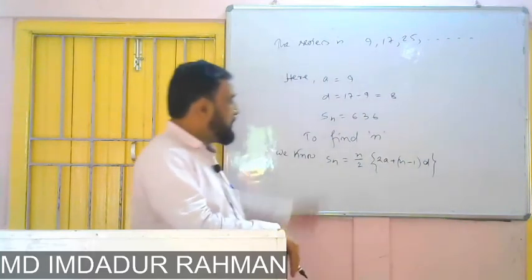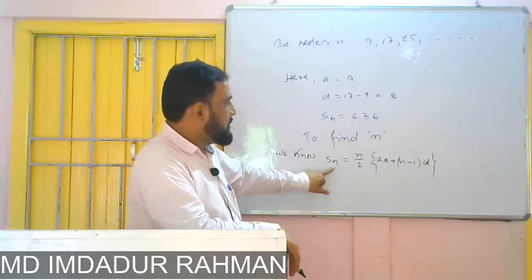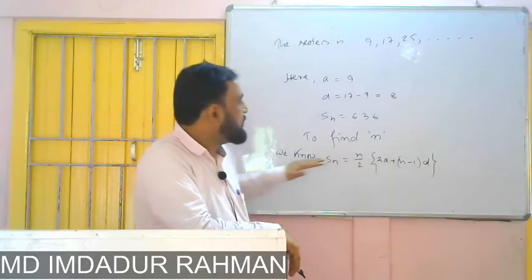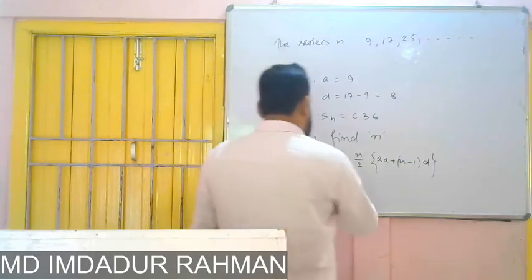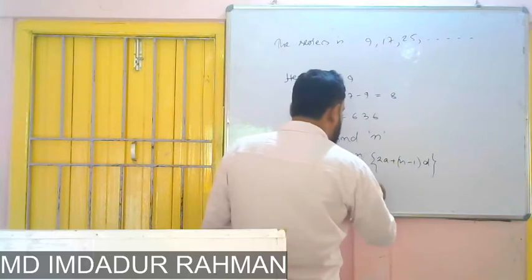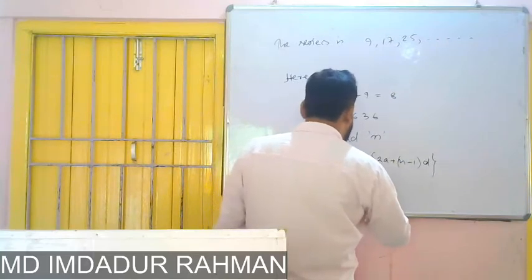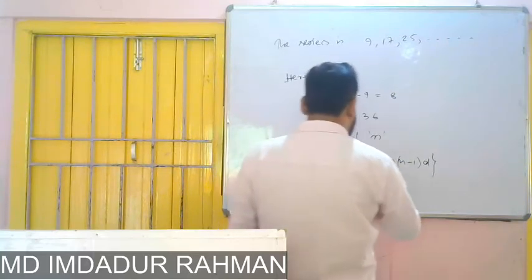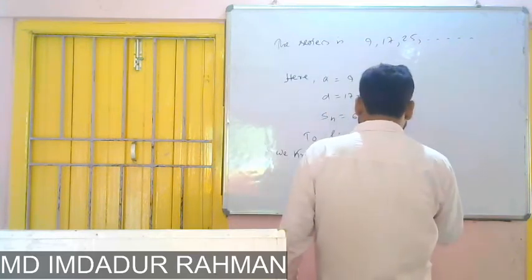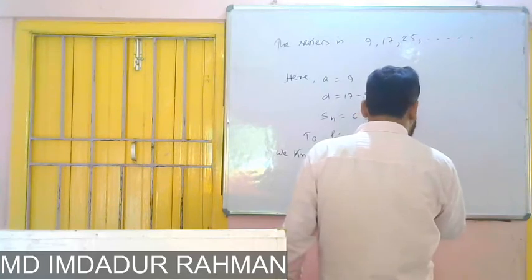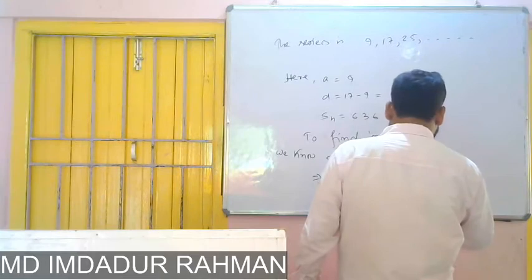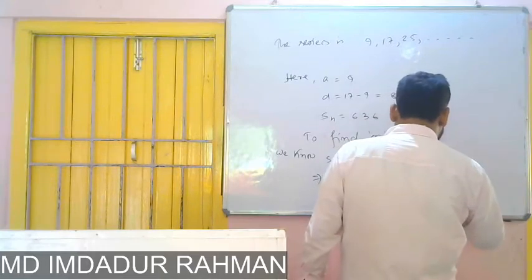Use this formula, put the value of Sn, a, d, then n will easily be found out. 636 is equal to n by 2 into twice a, 2 into 9, plus n minus 1 into d.